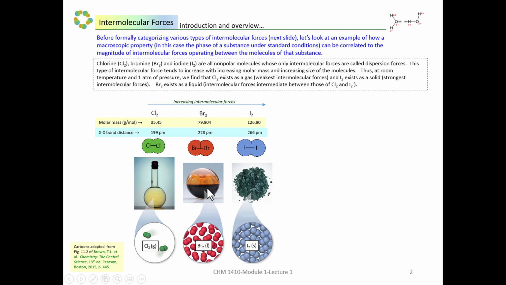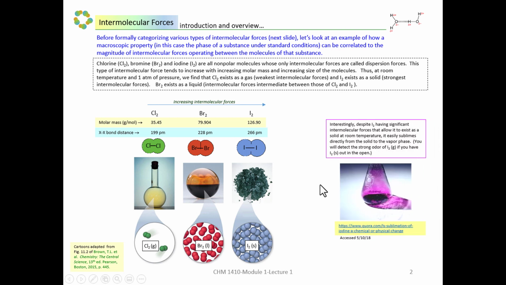Bromine, however, exists as a liquid under standard conditions at room temperature. And you can see the bromine molecules are much closer together in the liquid. And iodine, under the same conditions, exists as a solid. So we have iodine molecules packed very closely together in a solid.